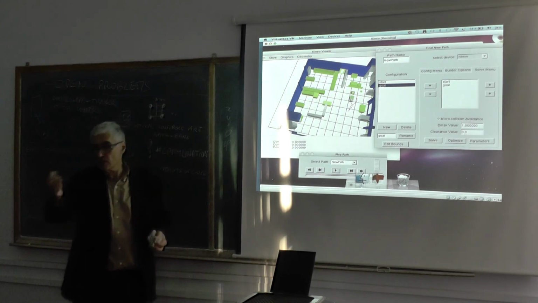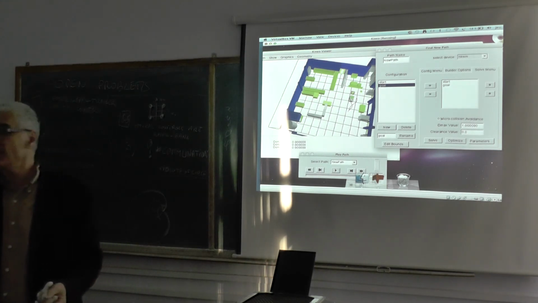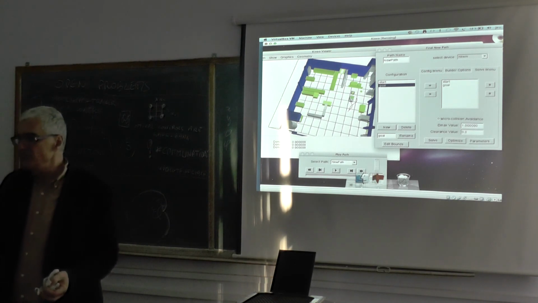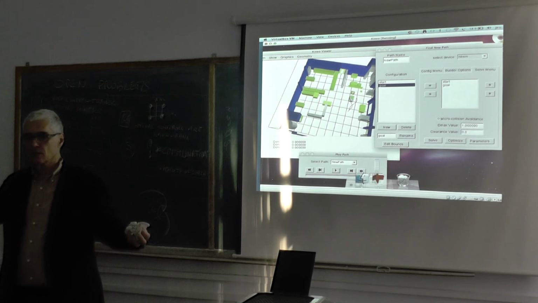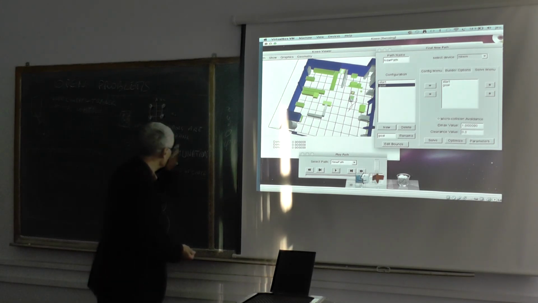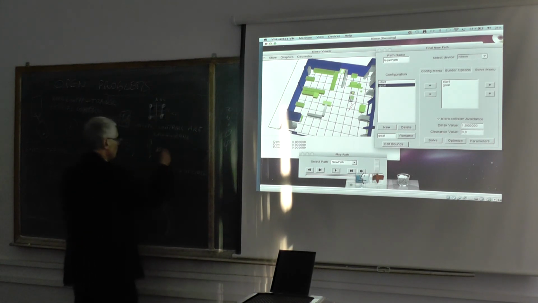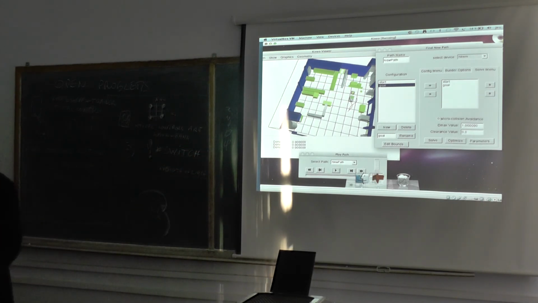Commutation. Switching point. How many switching points do you need to go from a point to another one? We say switching. So the number of switches is unknown, sorry for using the French name.